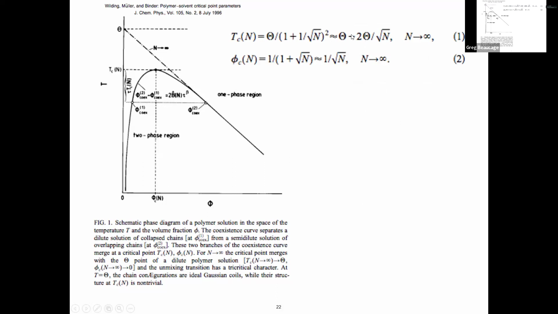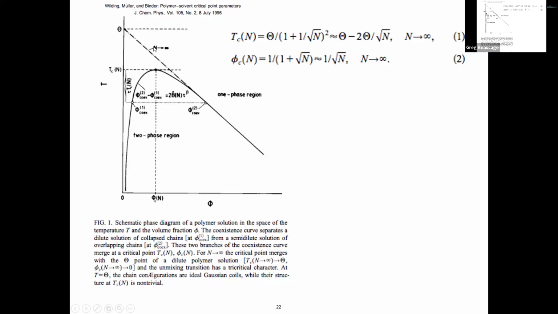And then if the molecular weight goes to infinity, both of those are going to be linear in 1 over the square root of the molecular weight. So that means the critical temperature and critical composition for different molecular weights should be proportional to each other. On this plot of temperature versus composition, that's a straight line. The critical points should follow a straight line going up to where composition is 0, or where molecular weight is infinity.